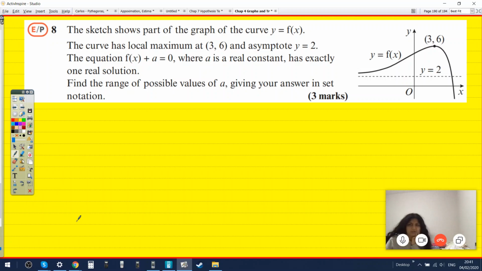Okay, so find the range of possible values. Oh, you're gonna make me do this again, aren't you? Okay. It moves 3 down. Can A be minus 3?